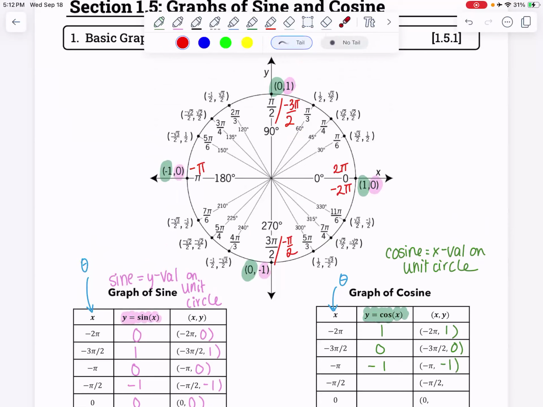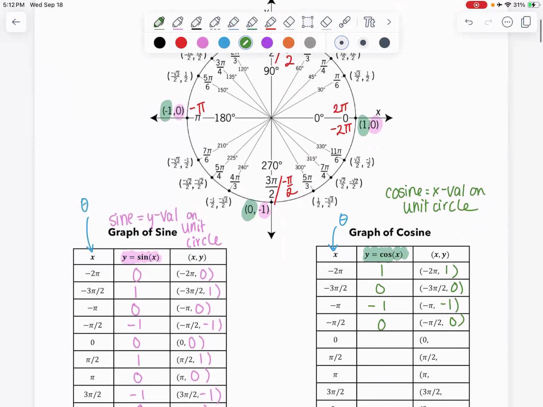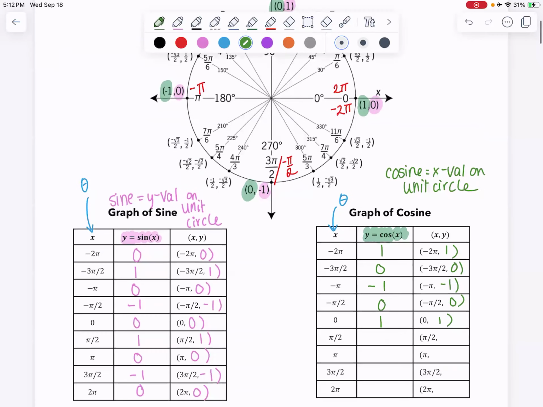At negative pi/2, the x value is 0. At 0, the x value is 1. At pi/2, the x value is 0. At pi, the x value is negative 1. At 3 pi/2, the x value is 0. And at 2 pi, the x value is 1.